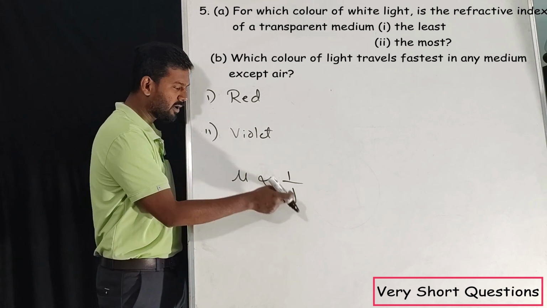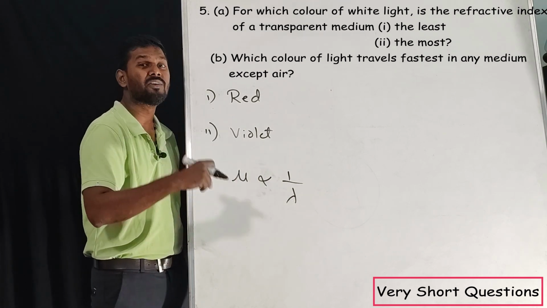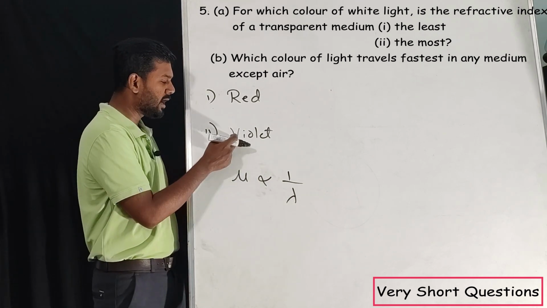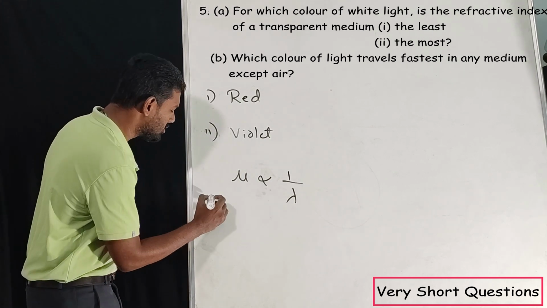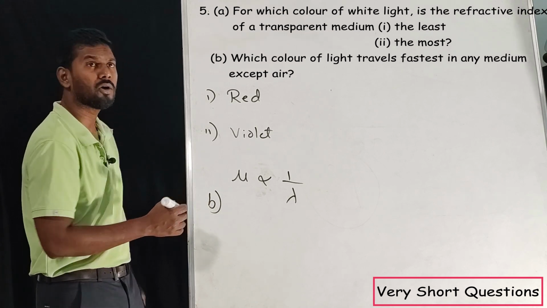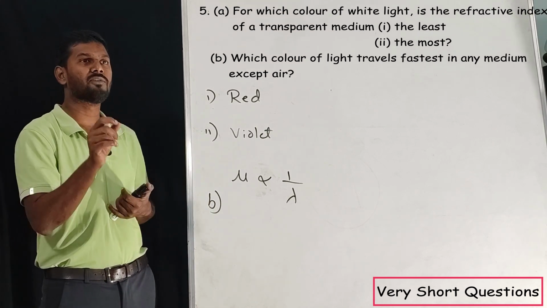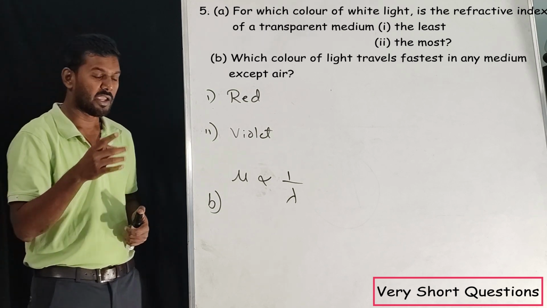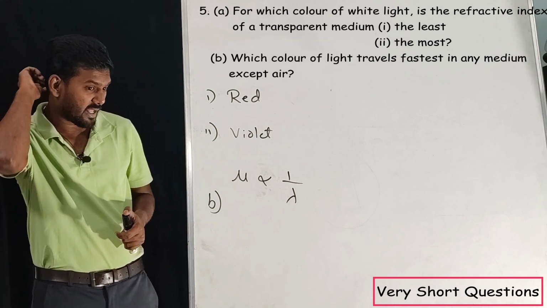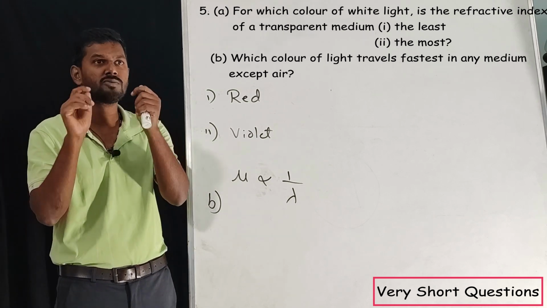For violet, wavelength is minimum but frequency will be more. Keep that in mind. And if the wavelength is minimum, refractive index will be most. And we have one more question. Which color of light travels fastest in any medium except air? In air or vacuum, most of the time they'll use vacuum.